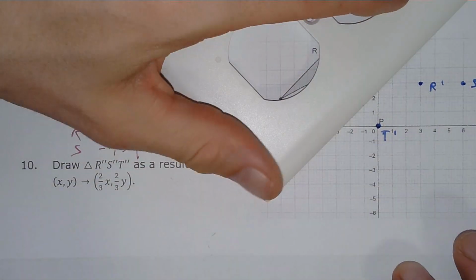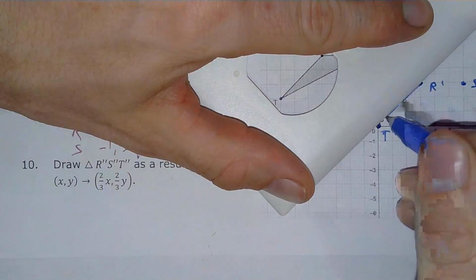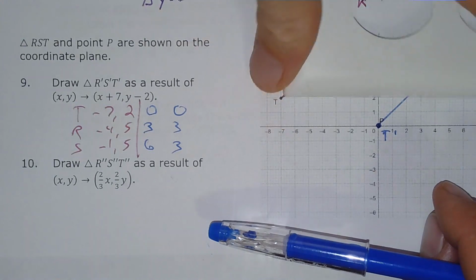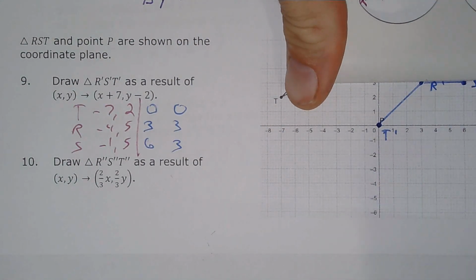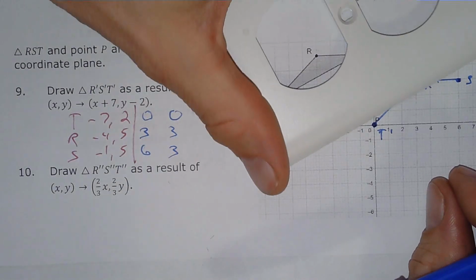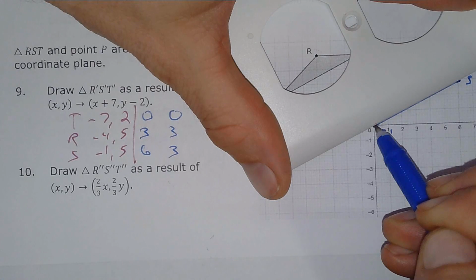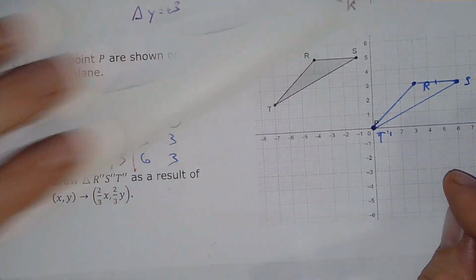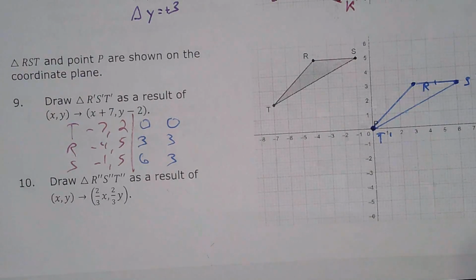All right. So here we go. Do all those three together here. And voila. Now I have that drawn there. Right, now I have a value of 2/3.